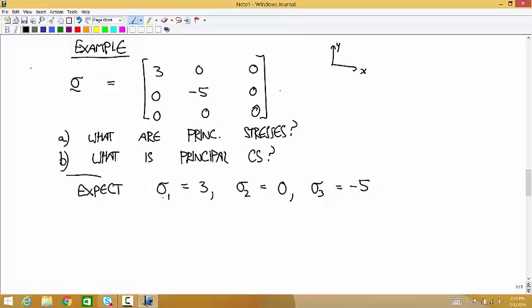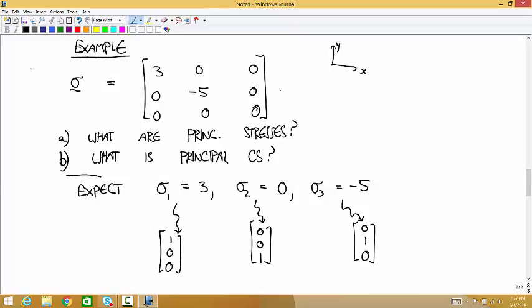So we expect the principal stress of positive 3 to correspond to [1, 0, 0]. We expect the principal stress of 0 to correspond to [0, 0, 1], because that's the z normal stress. And we expect sigma 3 to correspond to [0, 1, 0]. And I'm just going to go through this calculation.